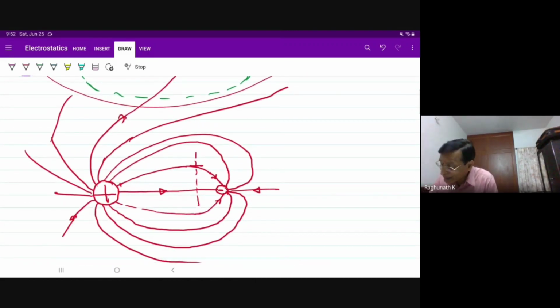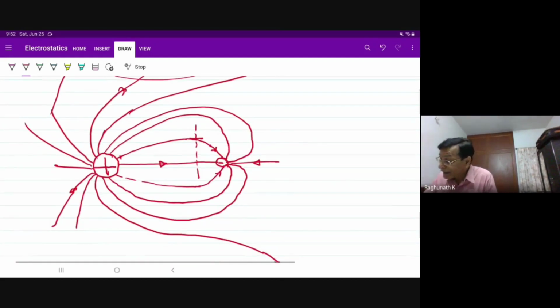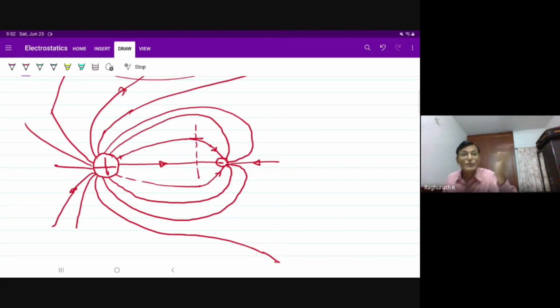True, it is. Correct or no? The positive charge is emitting more lines. The negative charge is terminating a lesser number of lines. Meaning the difference between these should go to infinity, and the structure of the field will be like this.